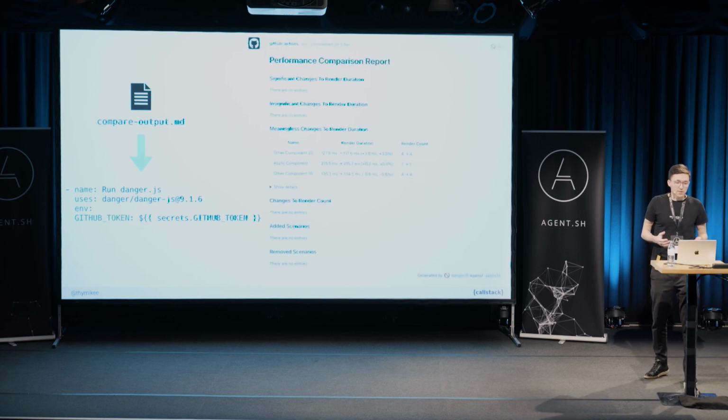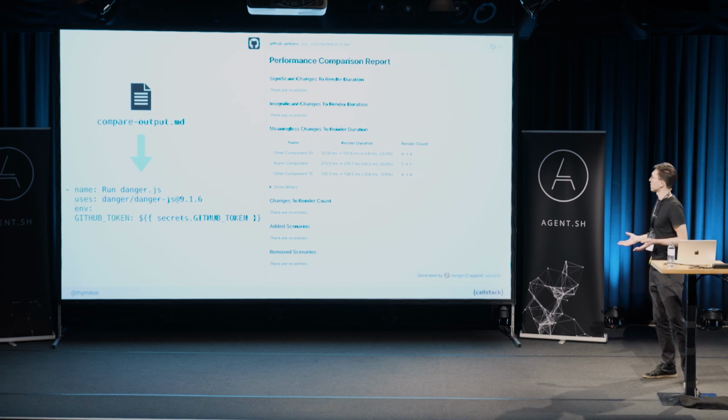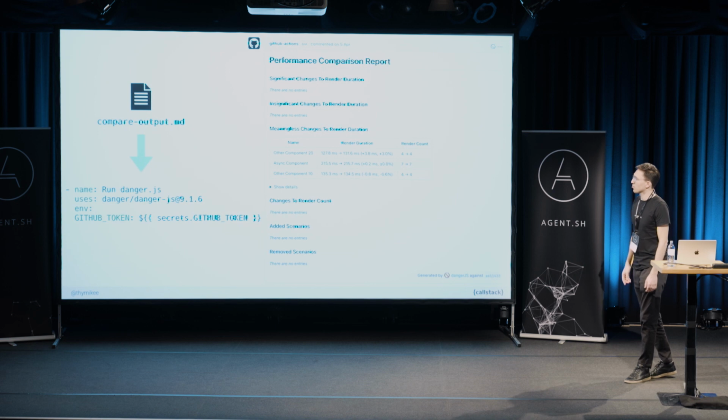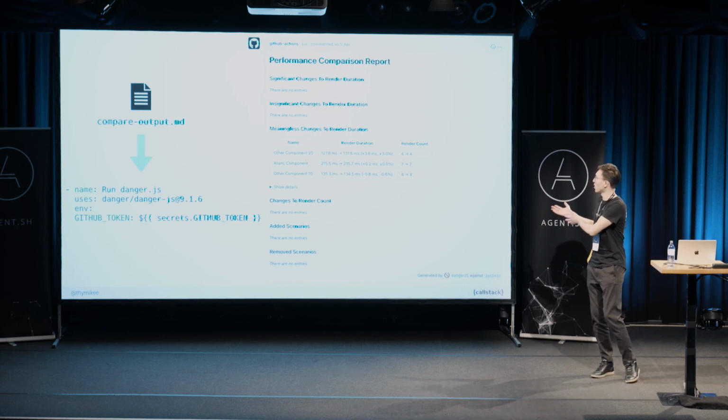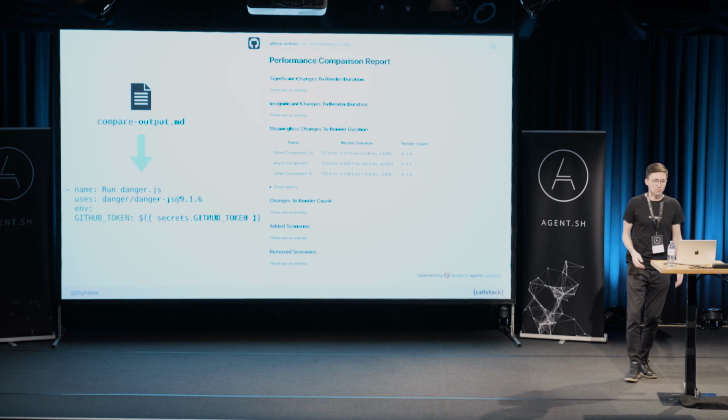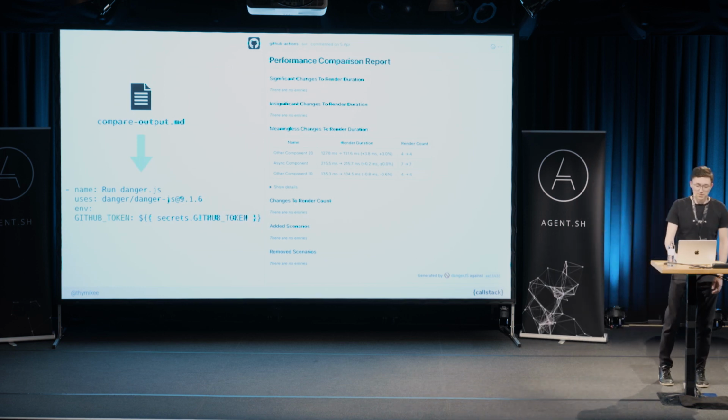And yeah, this is by far, I think, our favorite way of using Reassure when it can comment on your pull request and tell you that something is probably off or it's probably not.